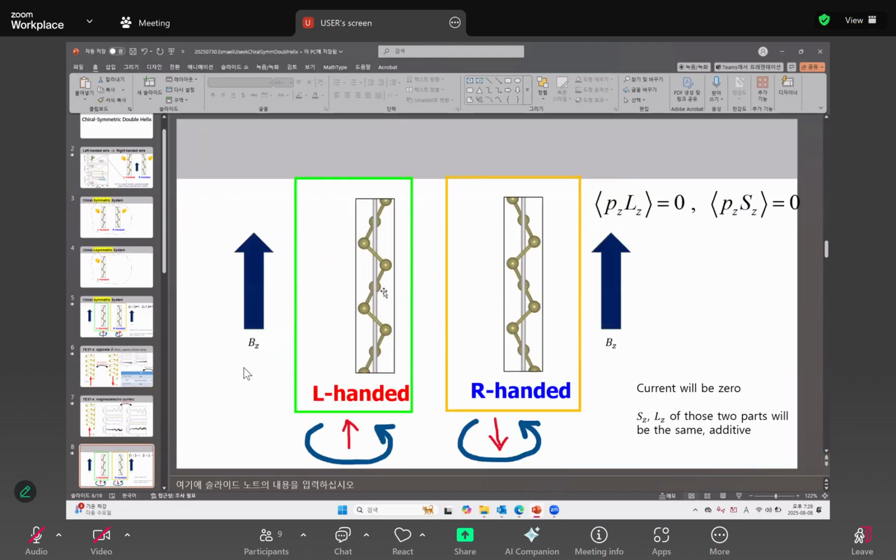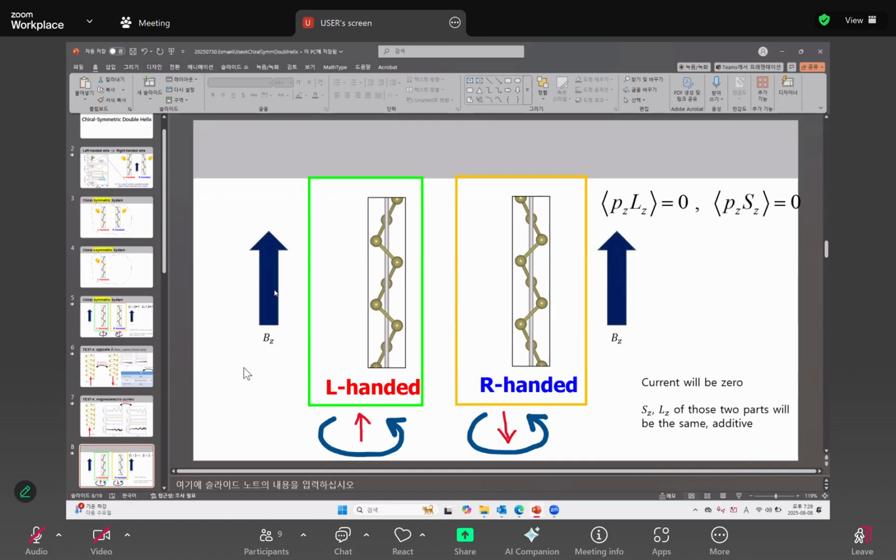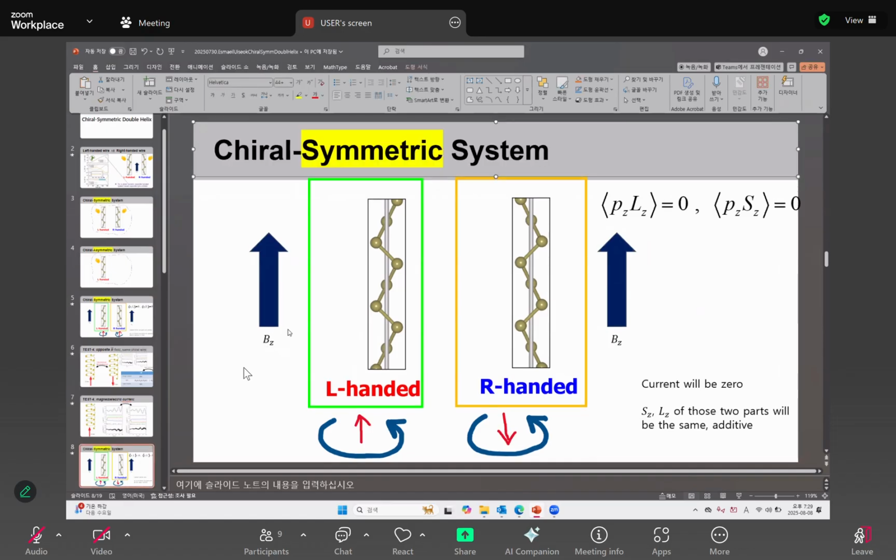Let's think about the chiral symmetric system and apply the magnetic field. In this case, the left part has right-handed rotation, the right part also has right-handed rotation, but the linear momentum current will be opposite. So in this case, if we still calculate the helicity, it will still sum up to zero. Do you understand or do you agree?